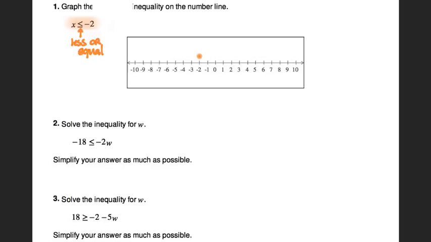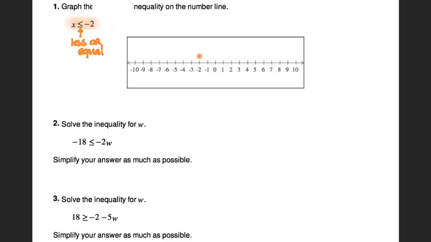And then how do we convey the less than in our picture? Where are the numbers on the number line that are less than -2? Just drag the whole line going to the left. Yes, exactly. All the numbers that are less than -2, less than means to the left on the number line.